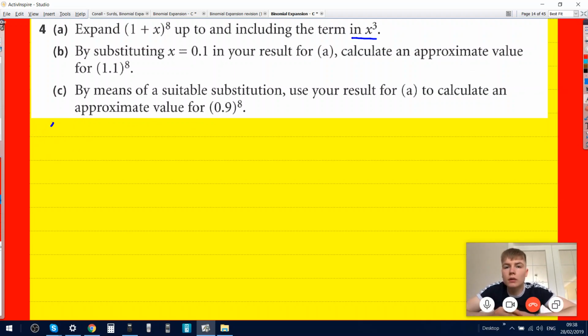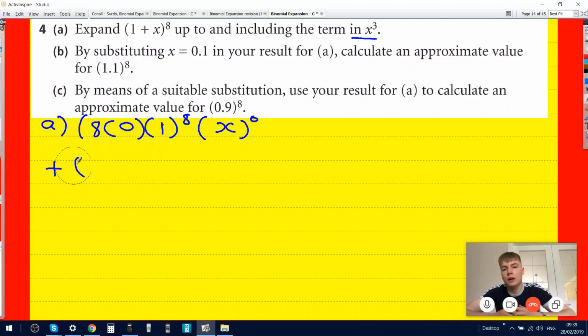Including term x cubed. So you need to do the... is it because it's to the power of 8, you do 8C0? And then the next one is just 1 to the power 8, and then plus x to the power 0.